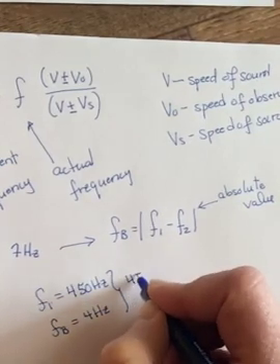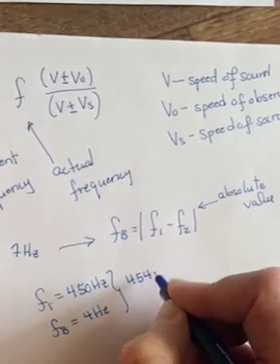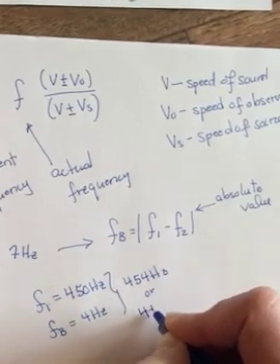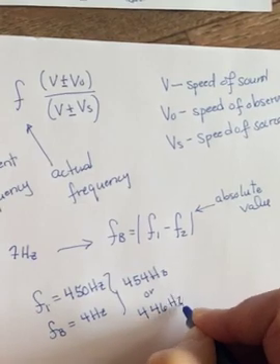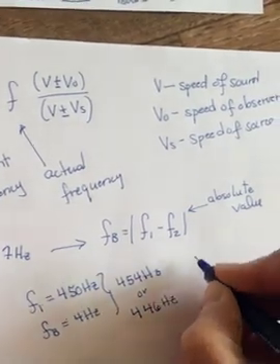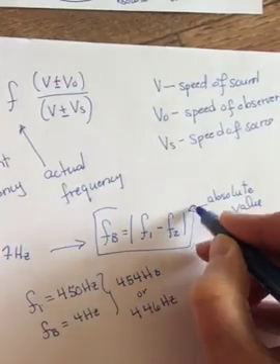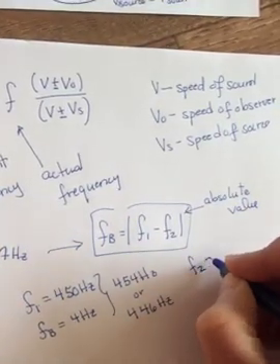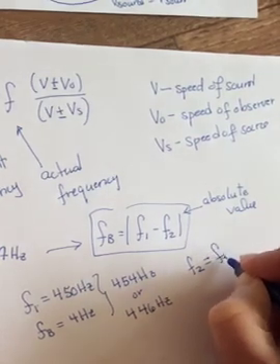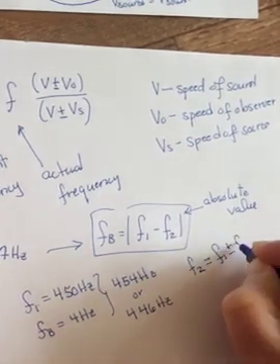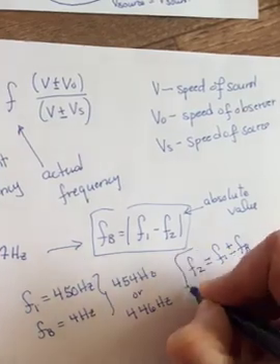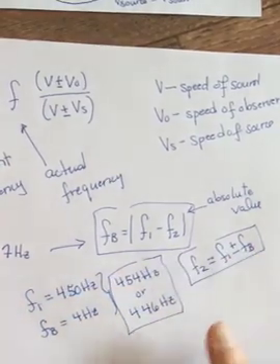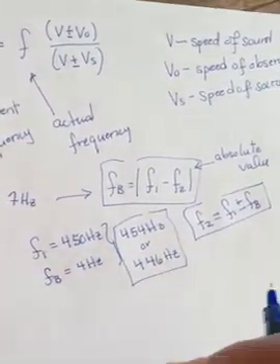It could be 454, 4 above what yours is, or it could be 446, below what yours is. So the second equation for beats is that the second frequency is equal to the first one plus and minus the beats. Okay? So you'll narrow it down to 2 possible things. Then you might have to do something to figure out which one it is.